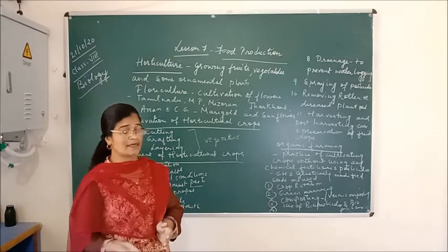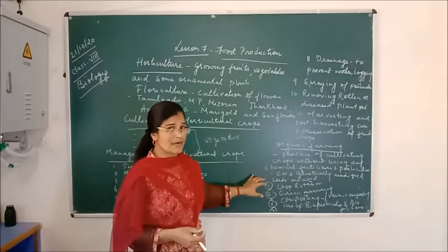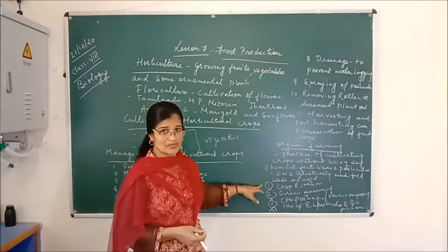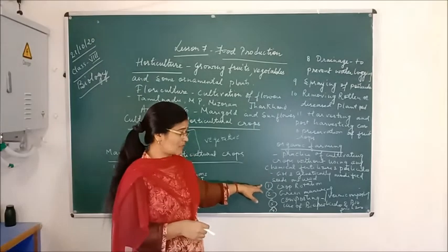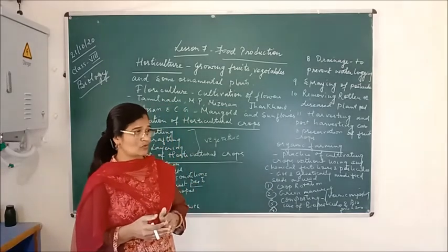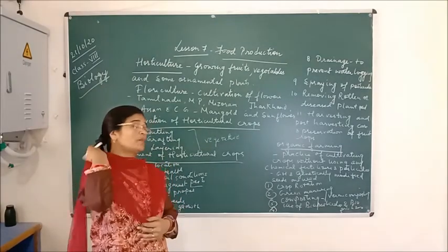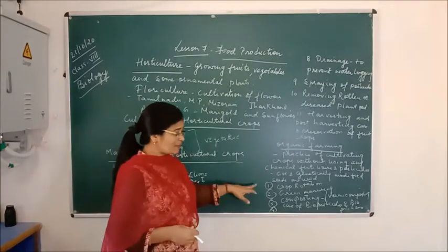And when in the second time cereal crops are grown, these cereal crops get nitrogen from the soil which we had grown previously, the leguminous crop. So this process of growing different crops in different seasons is called crop rotation. So this is very important.